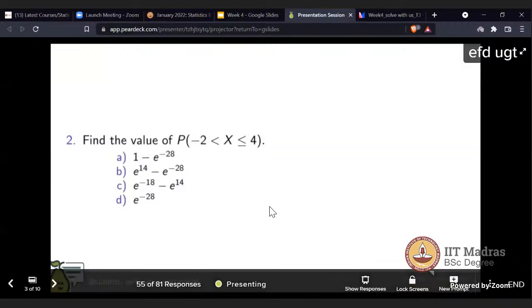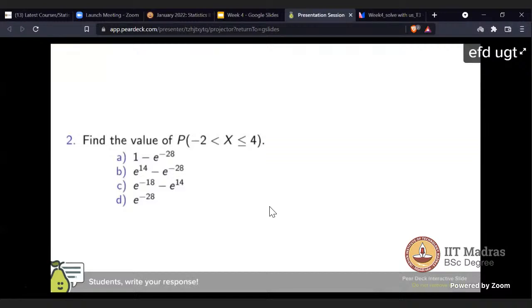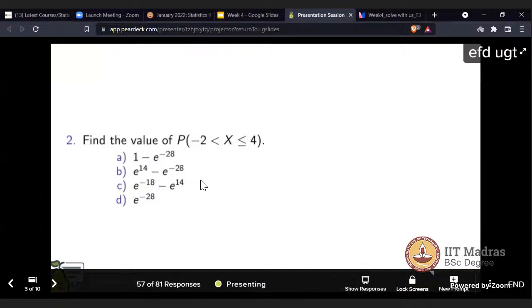Since x is less than 0, we'll consider it as 0, up to probability of x less than or equal to 4. And how do you get option B? I think it is option A. Yes, the right answer should be option A.